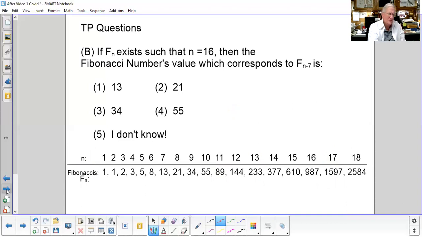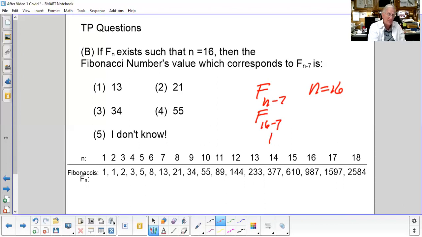Let's write that down. F sub n minus 7. We already know we're using n as 16. So what I've got to do is put that 16 in the place of n for that subscript. So it's going to be f sub 16 minus 7. Well, let's just subtract 16 and 7. What do we get?